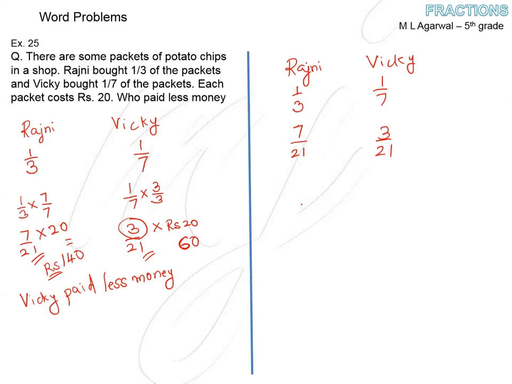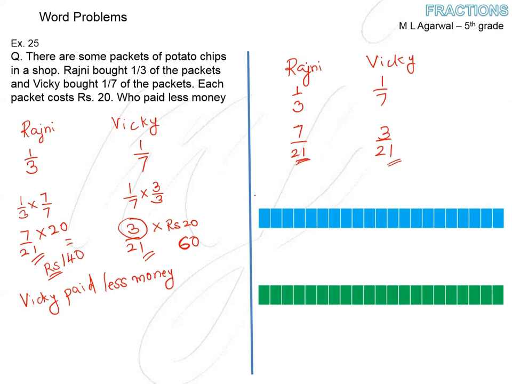So I will make blocks of 21. Okay, so that is the whole. So to understand this, I will say that the first one is Rajni's and this is Vicky's. If you count, they are 21 blocks.